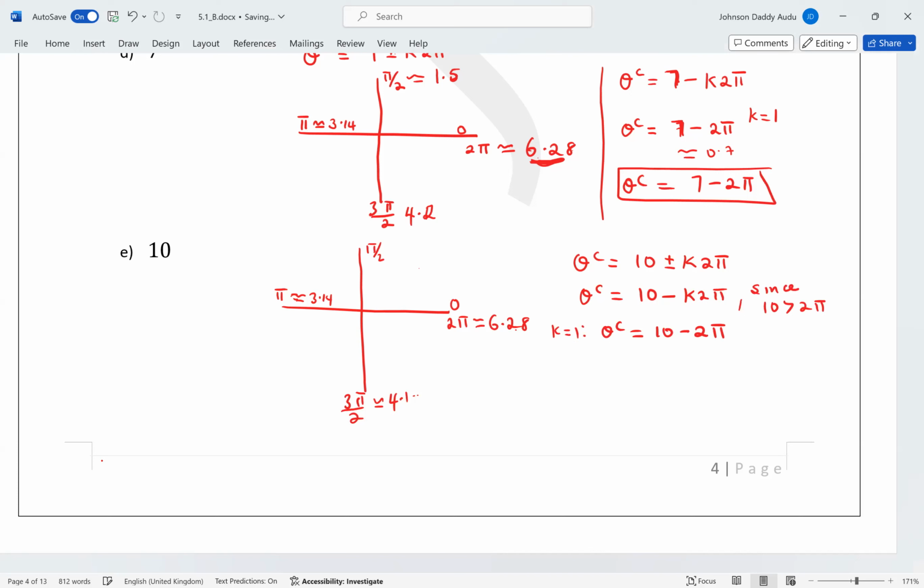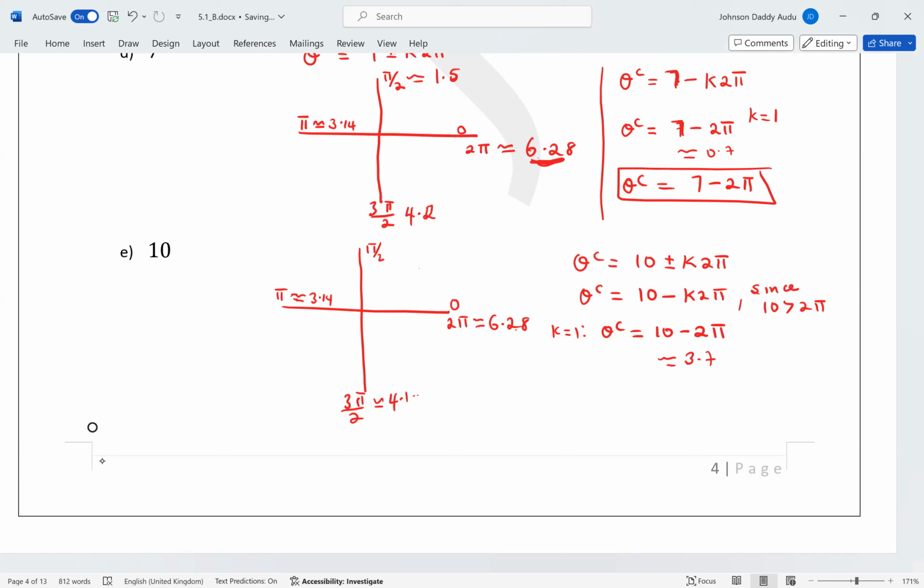Because 10 minus 2 pi is like 10 minus 6.28, right? So that will be approximately 3 point something. Let's say approximately 3.7.